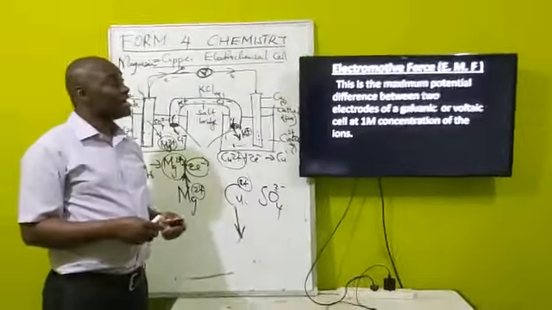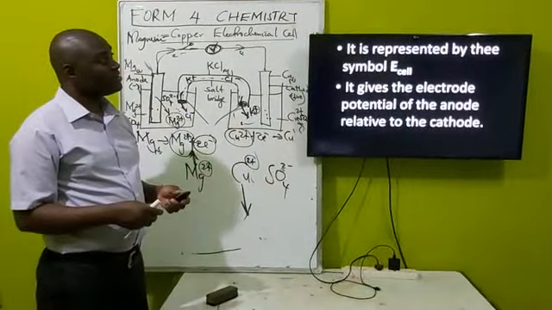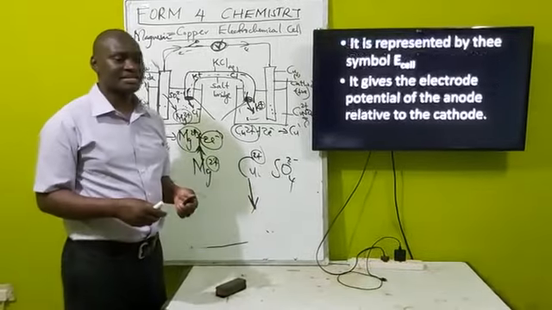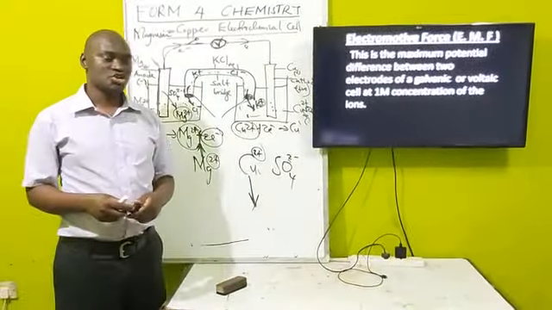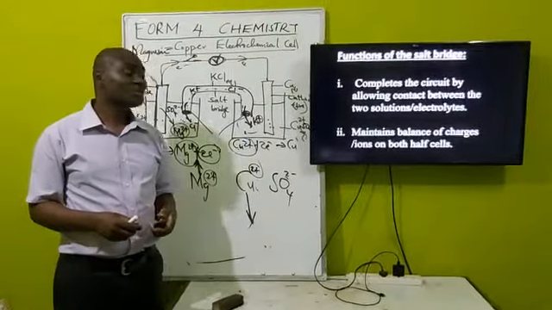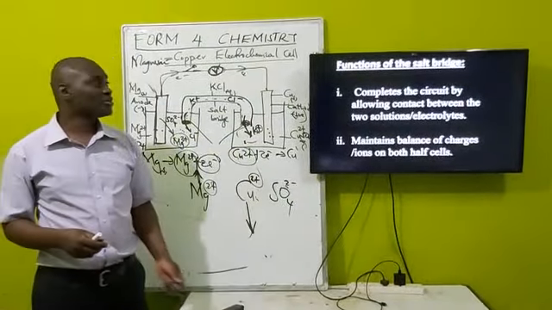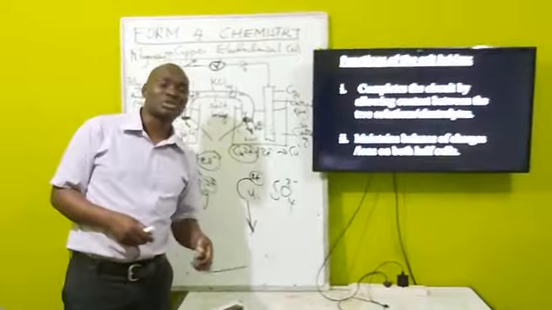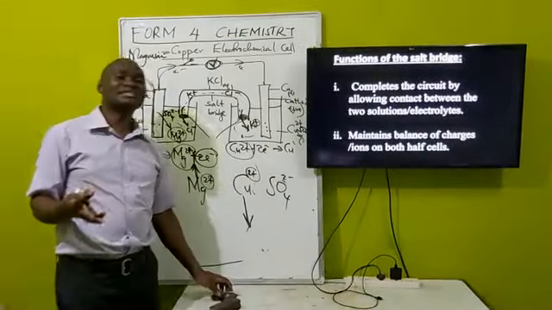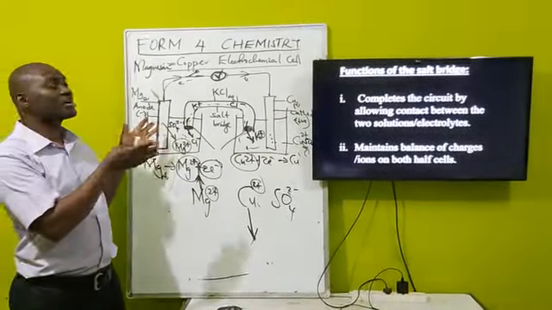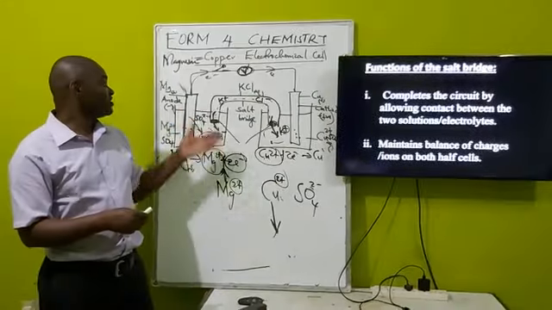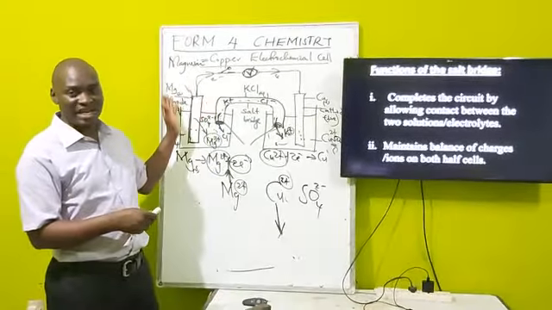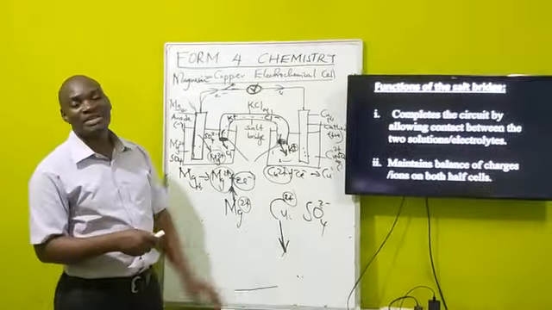Next time when we meet, we look at electromotive force. Don't forget what we have learned about the functions of the salt bridge and the differences between the electrochemical cell and the electrolytic cell. Don't forget that the anode must be on the left, the cathode on the right.